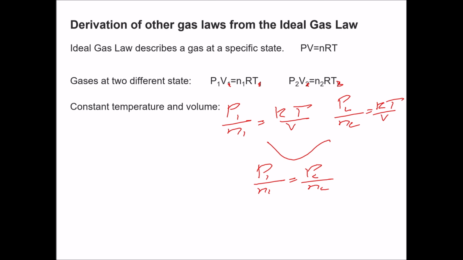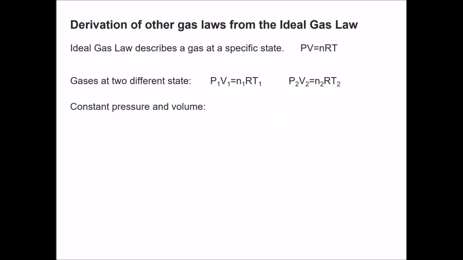So the ideal gas law can derive a lot of formulas. And we'll just do one more for good measure. Constant pressure and volume. So if constant pressure and volume, these guys are both going to be variables.